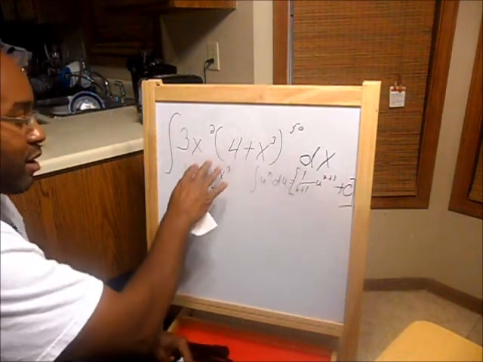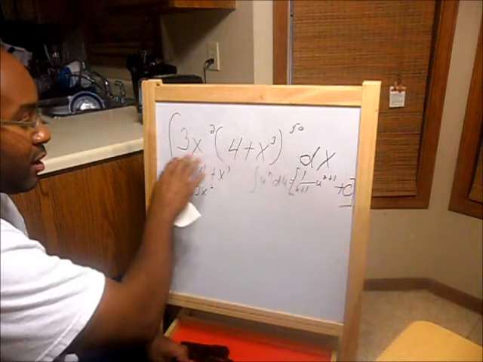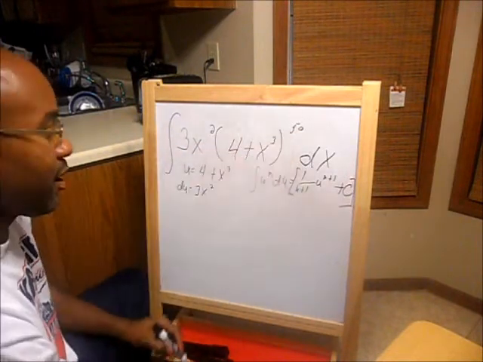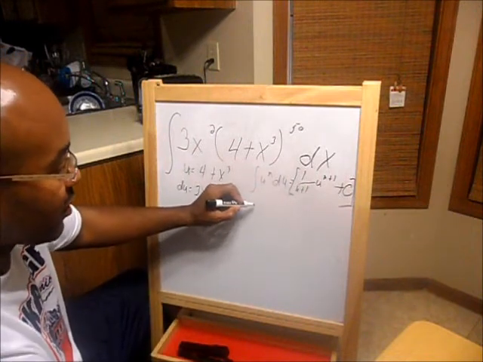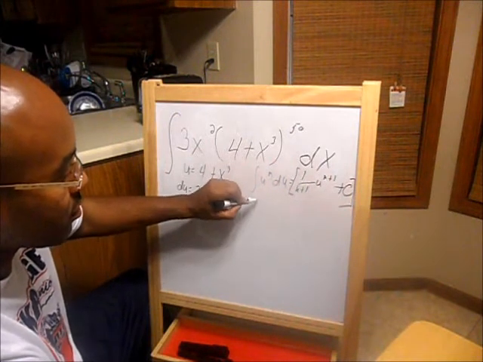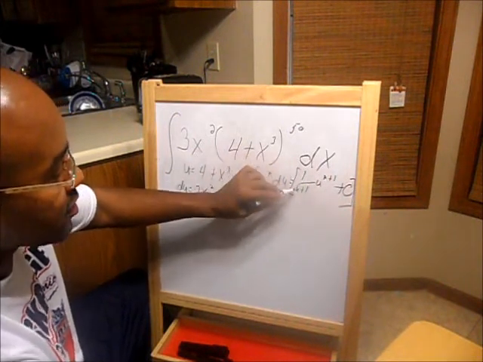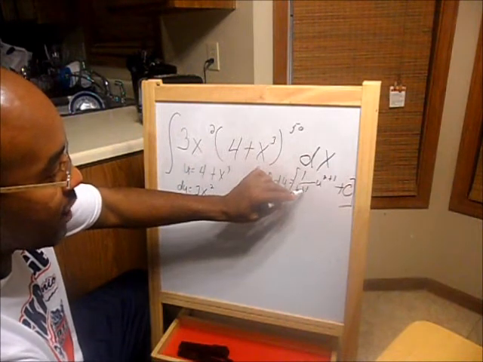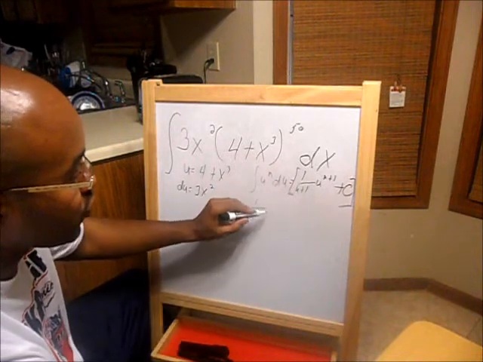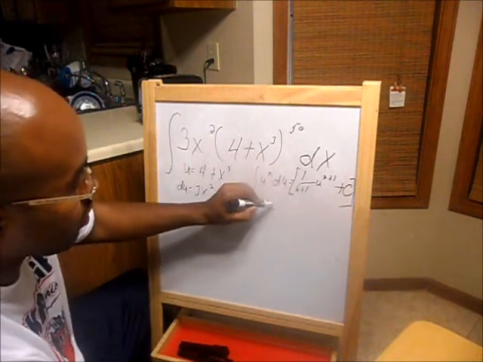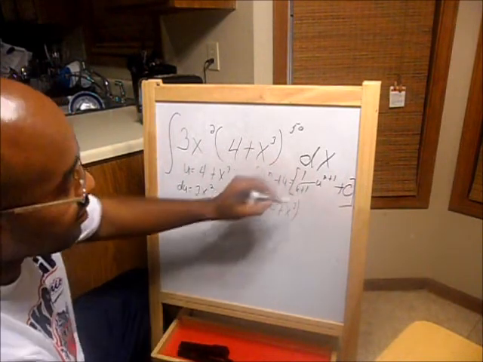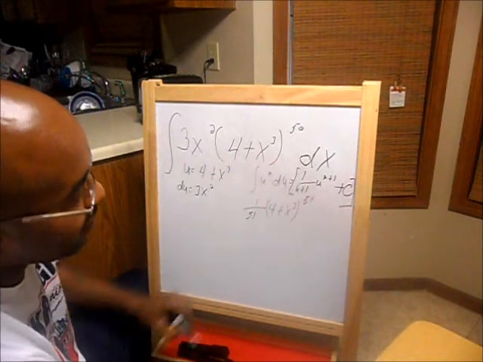We've used up everything here. I just want to make a comment. We've used up everything here, 3x squared times 4 plus x cubed, but we have not used the 50. That's where the power comes into play. So our answer, when we sub everything back in, is going to be 1, this n is 50, and add 1. 1 over 51 u, which is the 4 plus x cubed, to the 51st power.